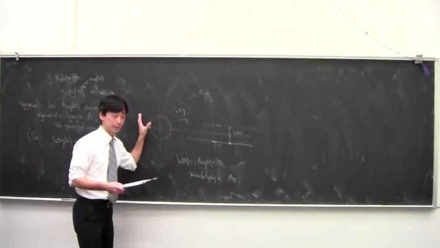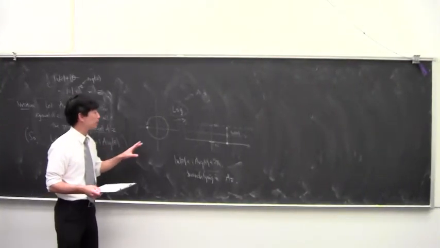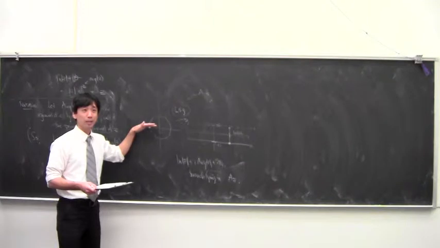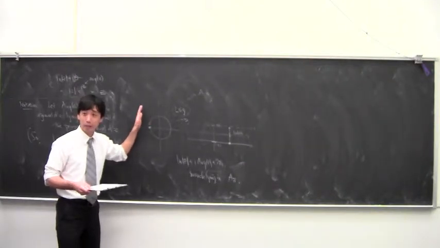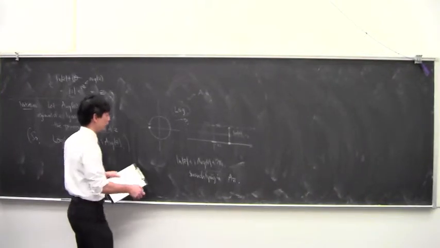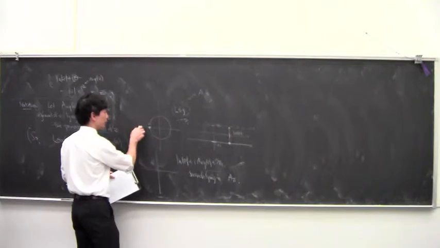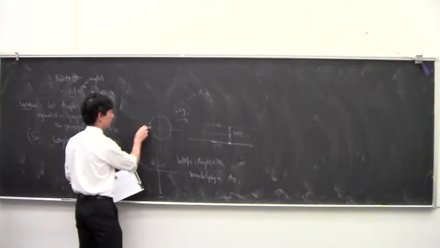Everyone see that? Okay. So what would make sense to make this whole thing into a continuous function? What you should do is do the following. You should say, I'm going to actually cut the complex plane here.